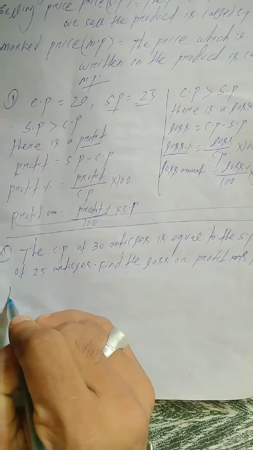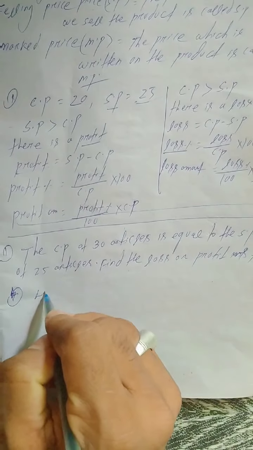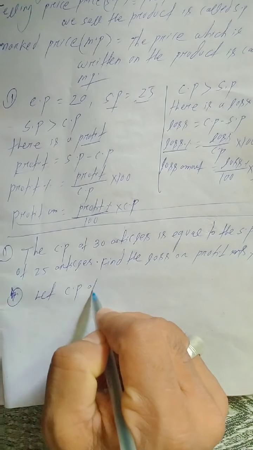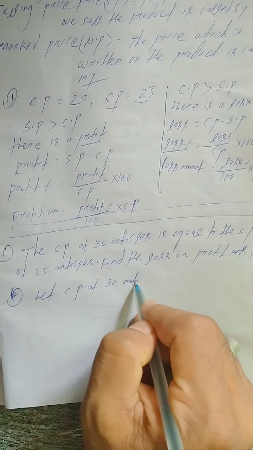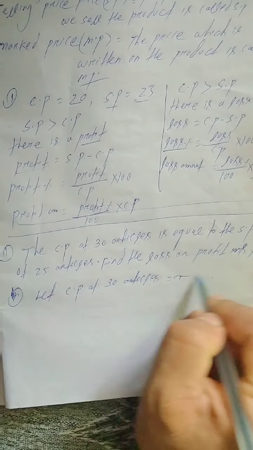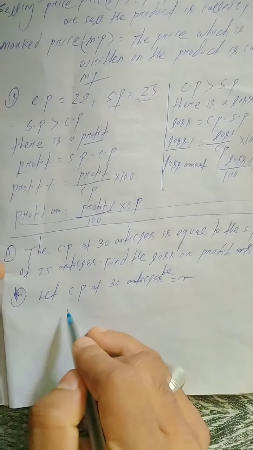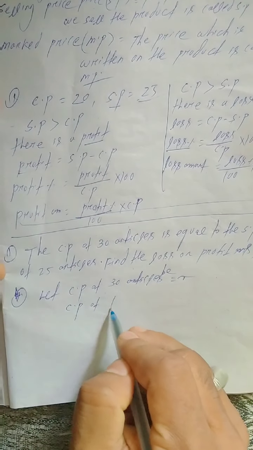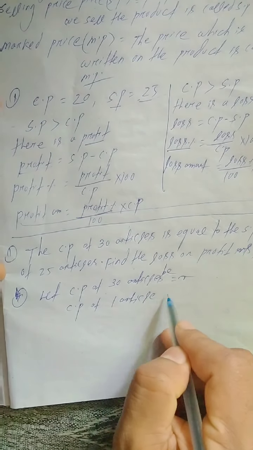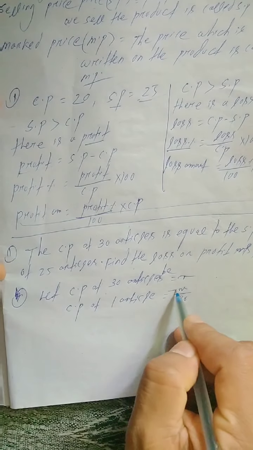So let the CP of 30 articles be X. Tell me, CP of one article how much? X by 30 rupees.